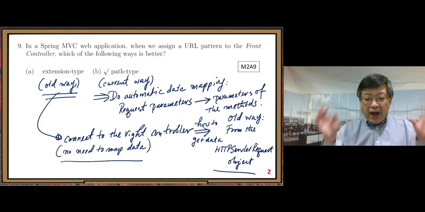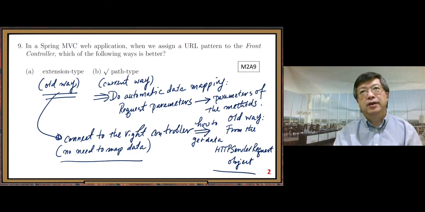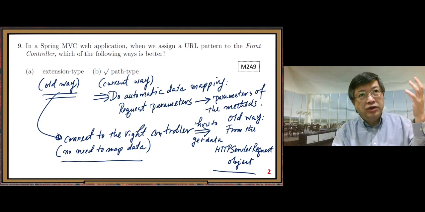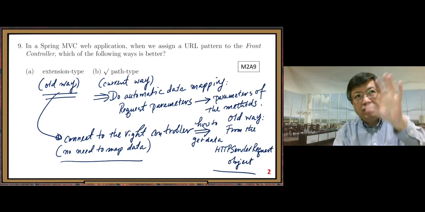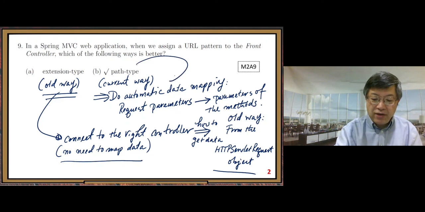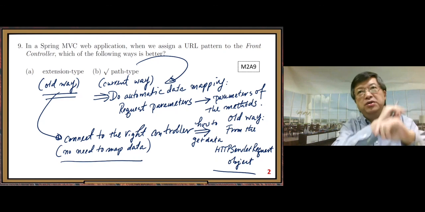That kind of data copy is automatic. And this current way supports this new feature to make that copy automatic. So then this path type URL pattern should be used.